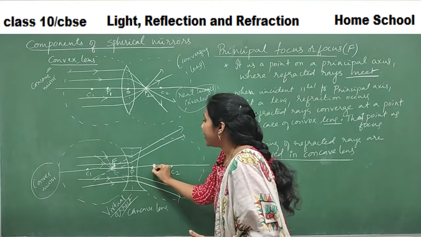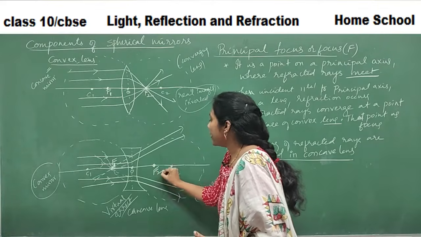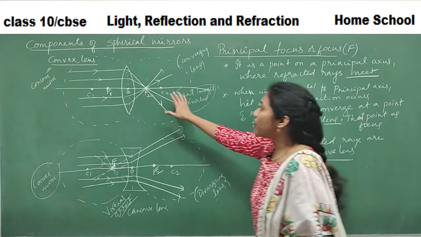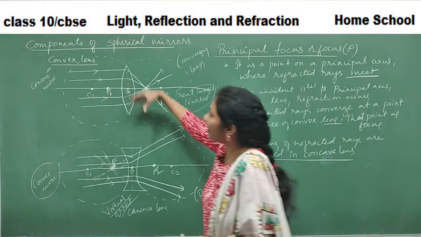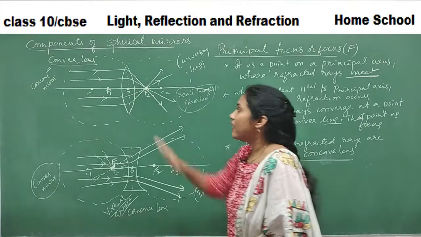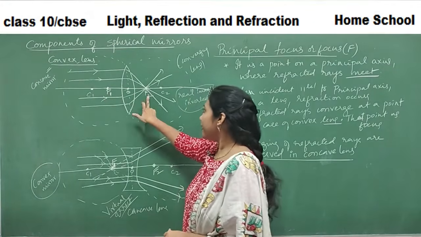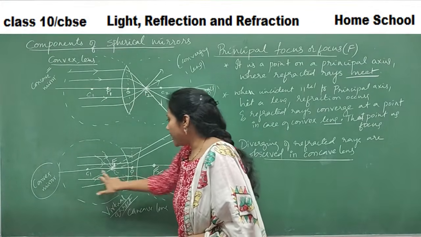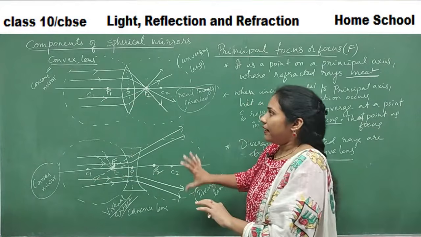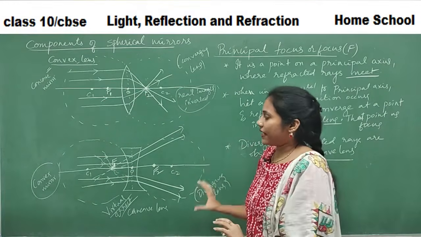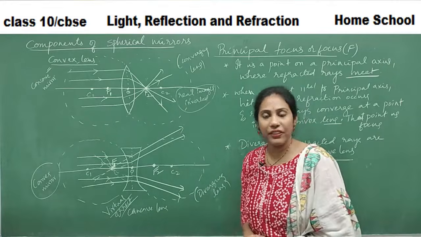So here another focus is possible, which we call F2. Two centers of curvature are there, two focus points are there, in both convex lens and concave lens. So this is C1, F1, this side F2, C2, this side C1, F1, this side F2, C2. Like this you have on the convex lens and concave lens.